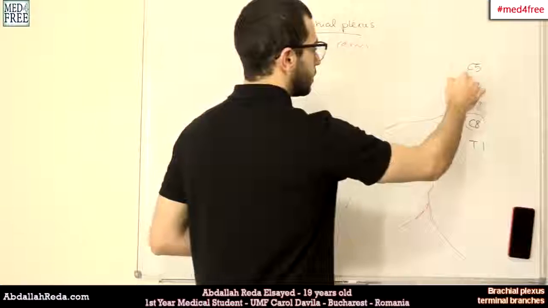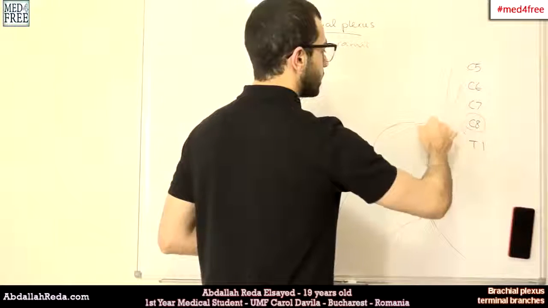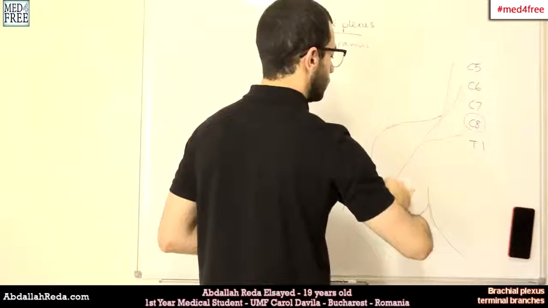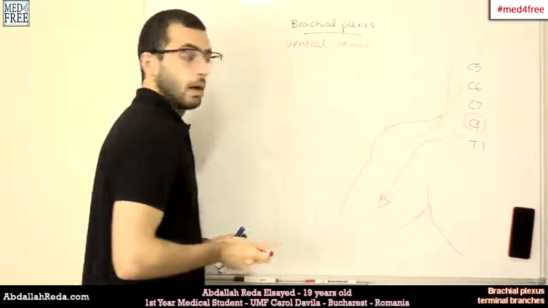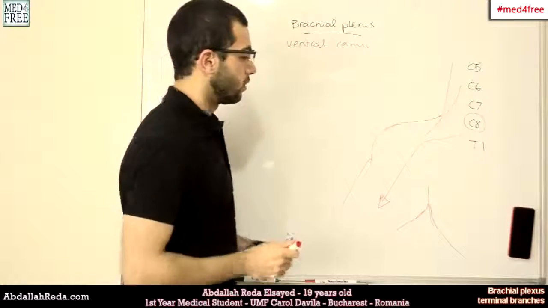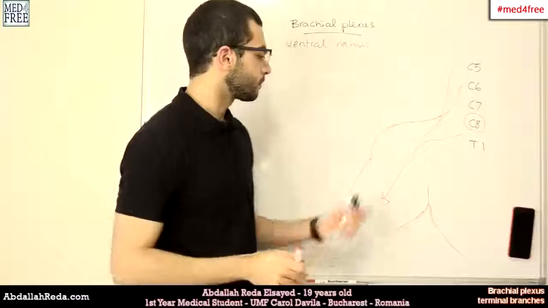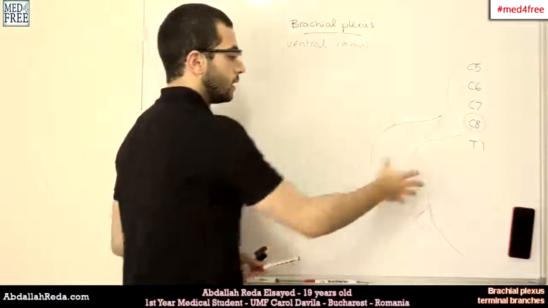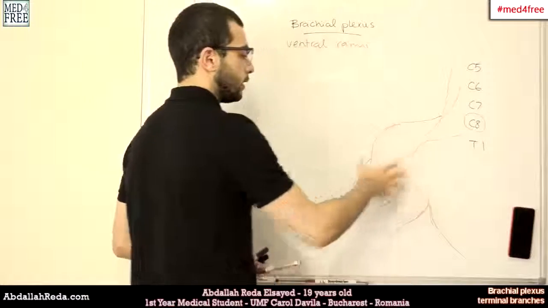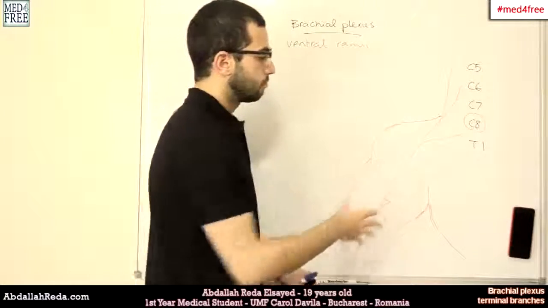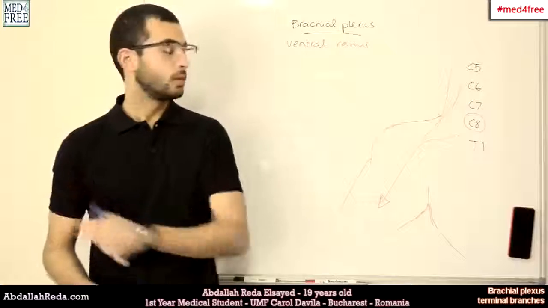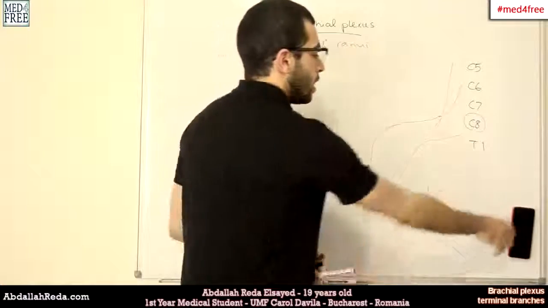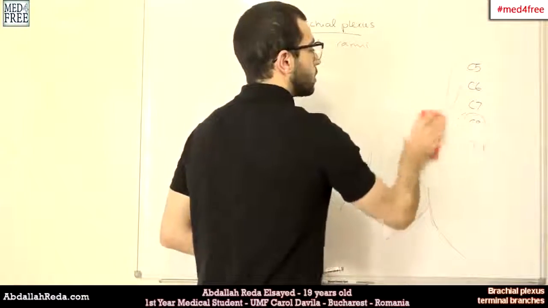So it comes out from this region and goes to the upper limb. So this will be the right anterior part of the right shoulder, like this region.